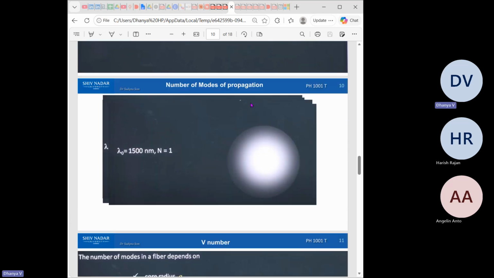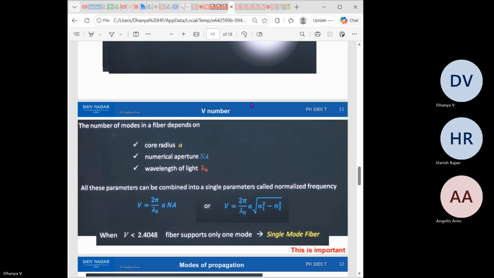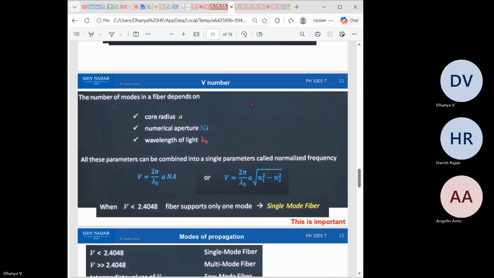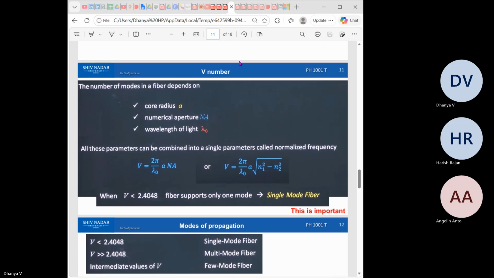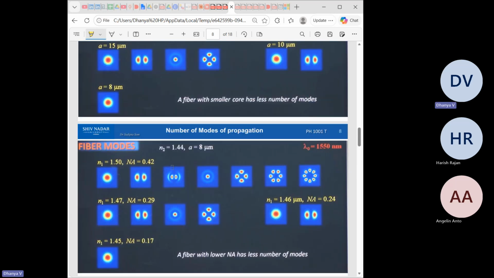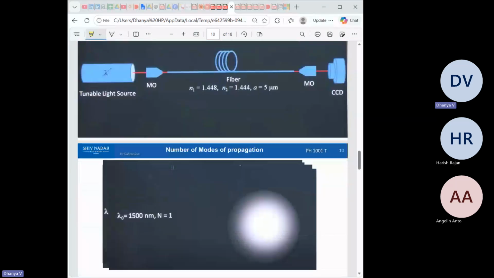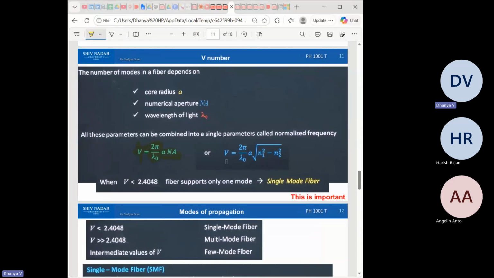Okay, this V number formula, I think this part is there. I am not really sure about the other parts. I'll check and let you know, because I don't think I covered all of this part for myself.